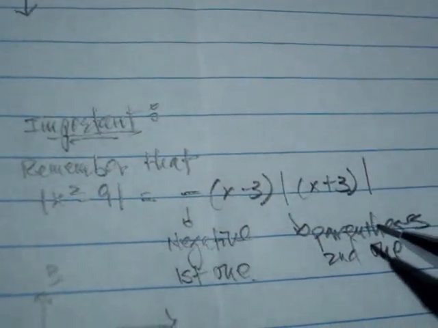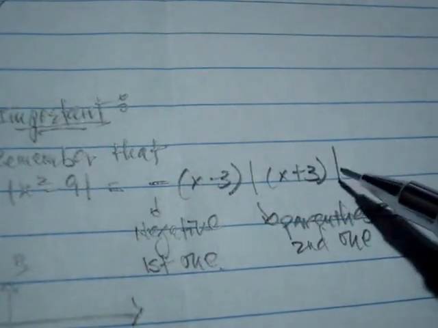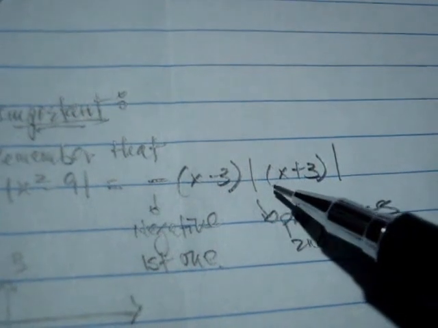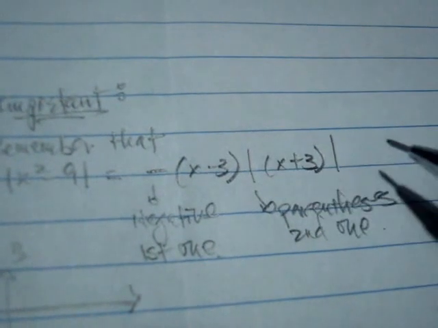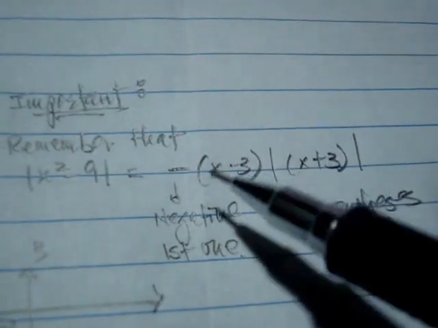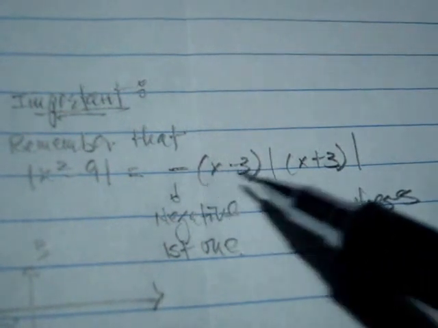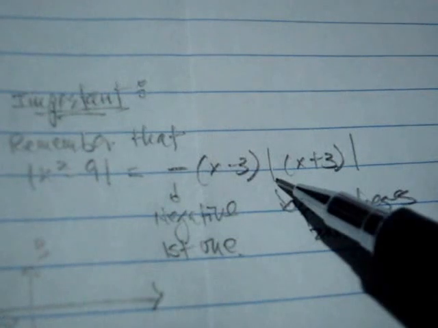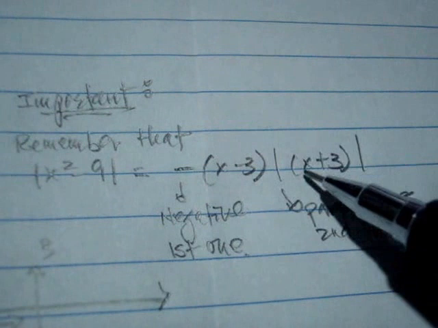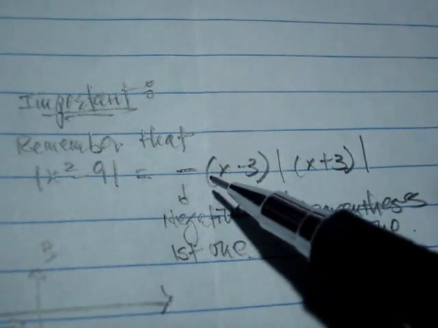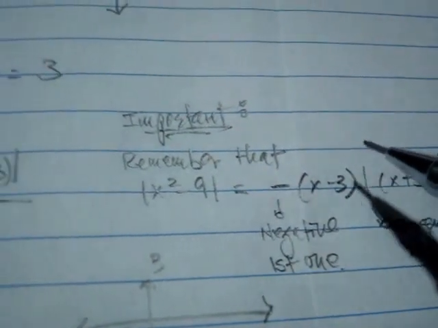And then for the second one, you put the absolute value bar, and inside the absolute value bar you put parentheses too. It's very important that you put it like this, the negative and then parentheses, and then the absolute value with parentheses inside, because this will make your algebra easier later on.